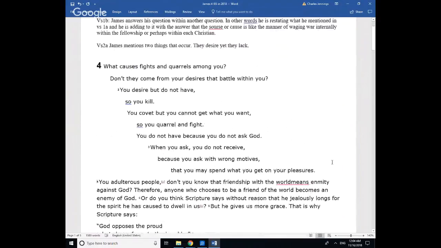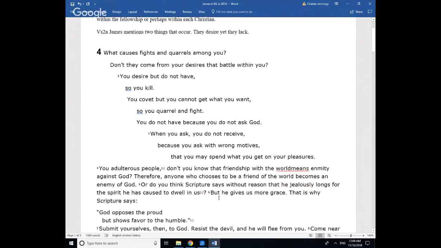So you see what's going on here? It's sort of like phrasing, but I'm just trying to show you how he's adding to the thought every time. And that's what they mean by distinct statement. He's adding to the thought.